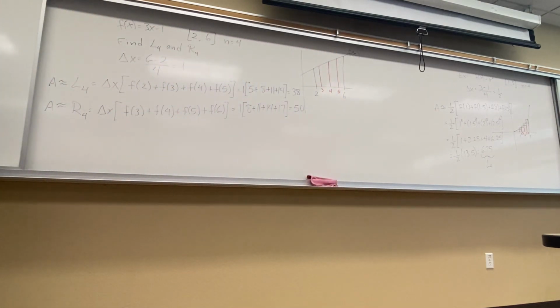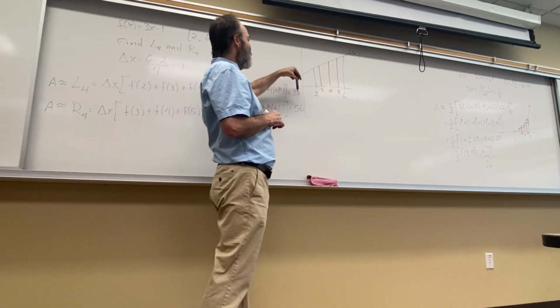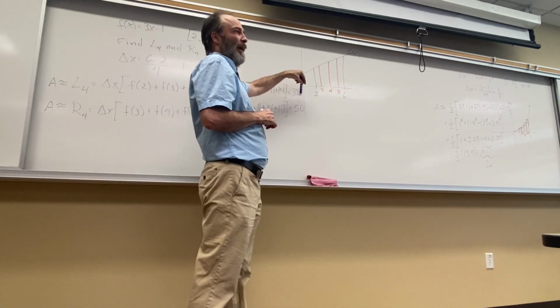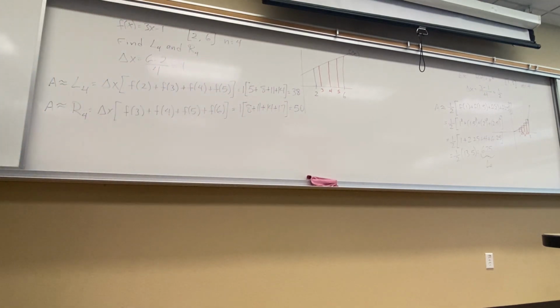And so those are our left-hand rule and our right-hand rule. Okay. Any questions here? So these aren't very accurate in actuality. So the actual value is going to be somewhere in between those two. Now we can get more accurate by adding those two together and dividing by 2.